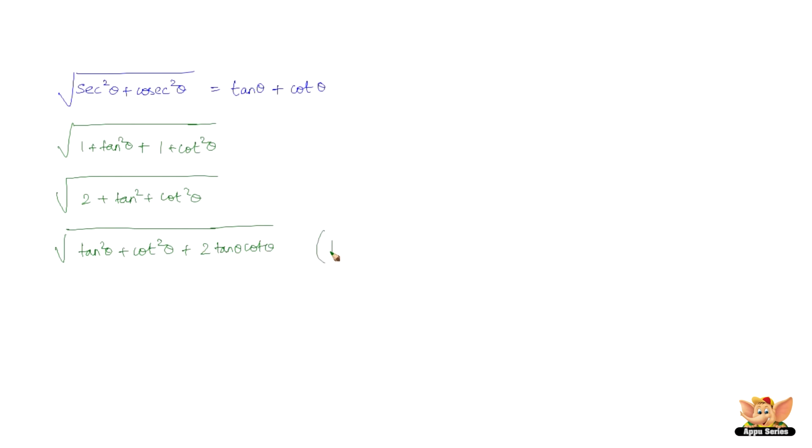So let me write in the brackets here, tan θ into cot θ equals 1, right? So now tan² θ + cot² θ + 2 tan θ cot θ is nothing but (tan θ + cot θ) the whole squared. That is, a² + b² + 2ab is nothing but (a + b) the whole squared. So the root of something the whole squared is just that. So the square root of (tan θ + cot θ) squared is tan θ + cot θ.